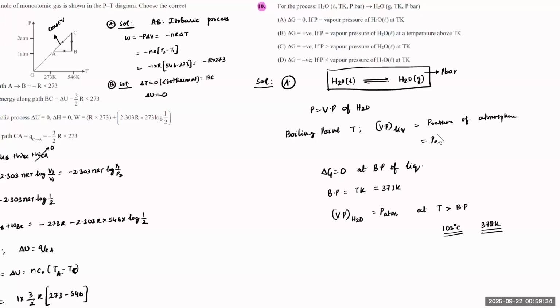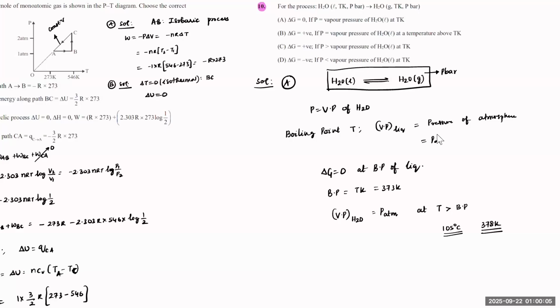Let me put it this way, in a simple example. Suppose you are in the kitchen and you are trying to boil water.